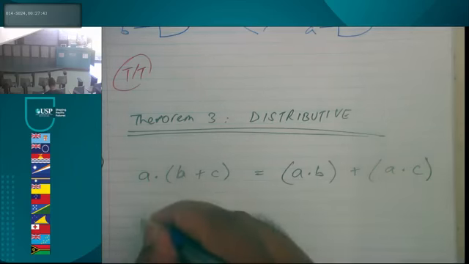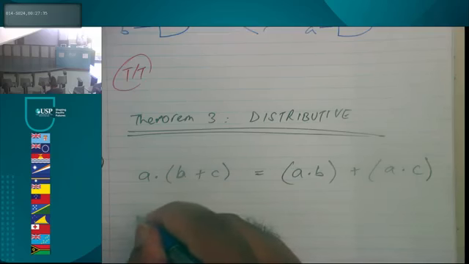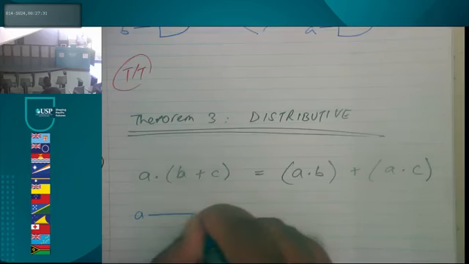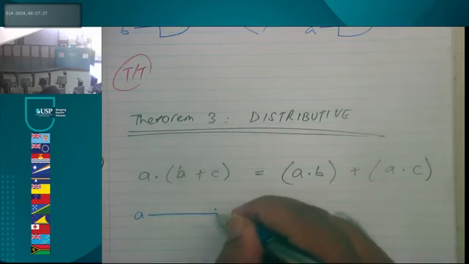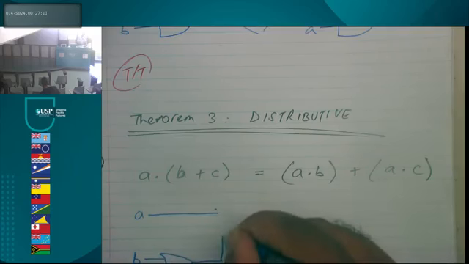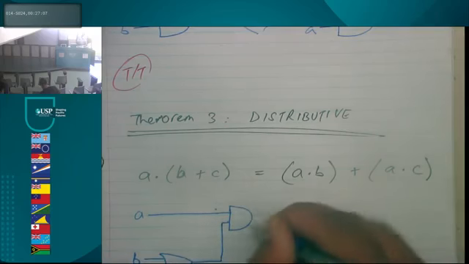So what we started off with was A, and that's B or C, and then that's AND.